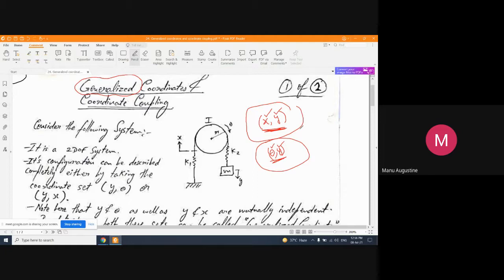So it is not the case that only a set of specific variables can do the job and no other set of variables can. No. We are saying that in general, any two valid sets of variables can come and play the role of specifying the complete configuration of the system.